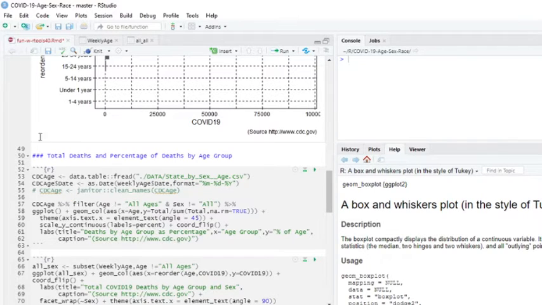Age. Okay. Age. So now let's run this and see what happens.